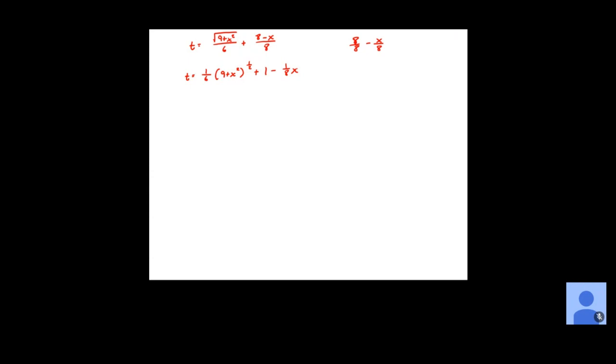All right. So now we can actually take our derivative, right? So we need to go through and think about what this derivative is going to give us. So how are we going to find the derivative for this first piece? Okay, good. It is going to be a power rule combined with a chain rule. So we're going to take the 1/2, we're going to multiply it by the 1/6.